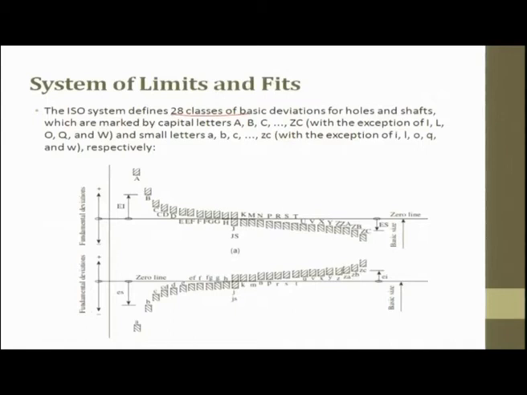The deviations of the hole and shaft are marked by capital letters A, B, C to ZC, with the exception of I, L, O, Q and W, and by small letters a, b, c to zc, with the exception of i, l, o, q. These are the different ways the alphabets are given.